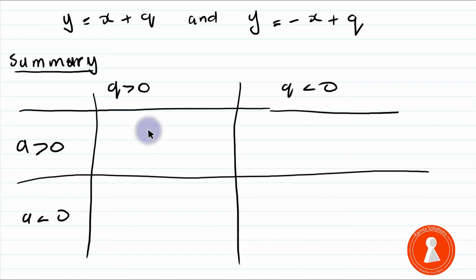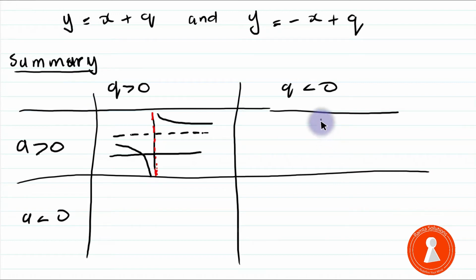Okay, all right. So when A is positive, the graph lies between two arms, the first and the third quadrant, right? So when Q is positive, this line will shift up. Now your graph will look something like this and something like this. Remember, in grade 10, this line you always have an asymptote. Okay?